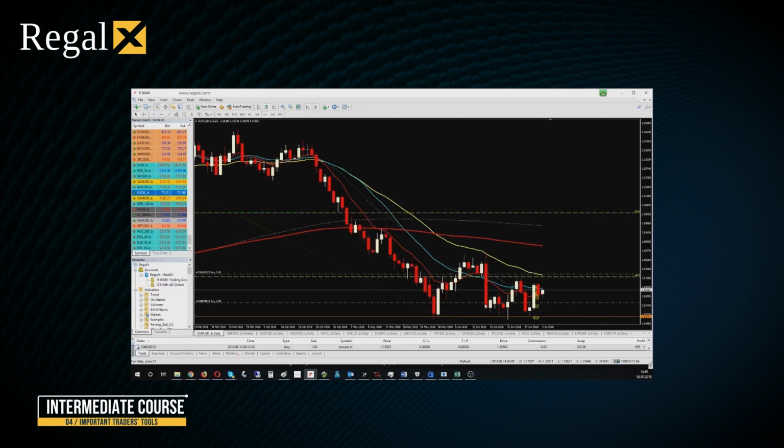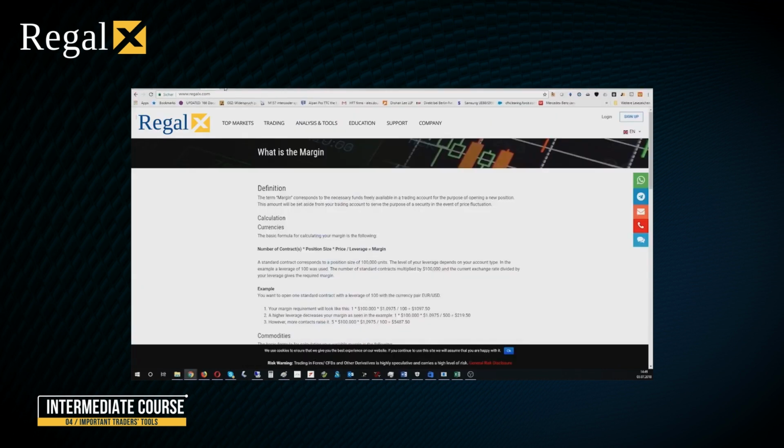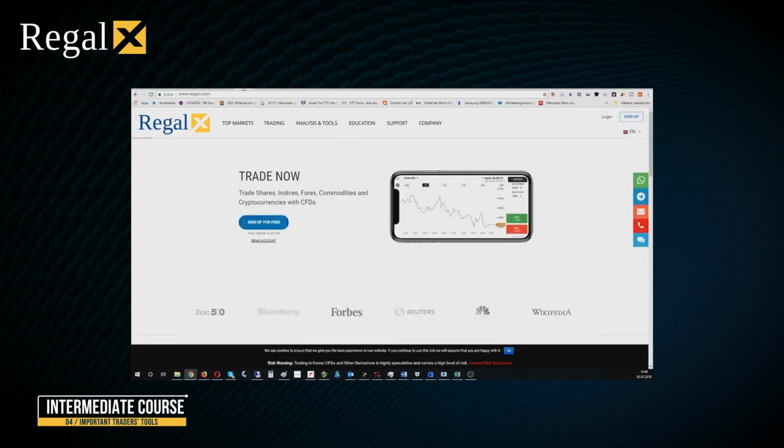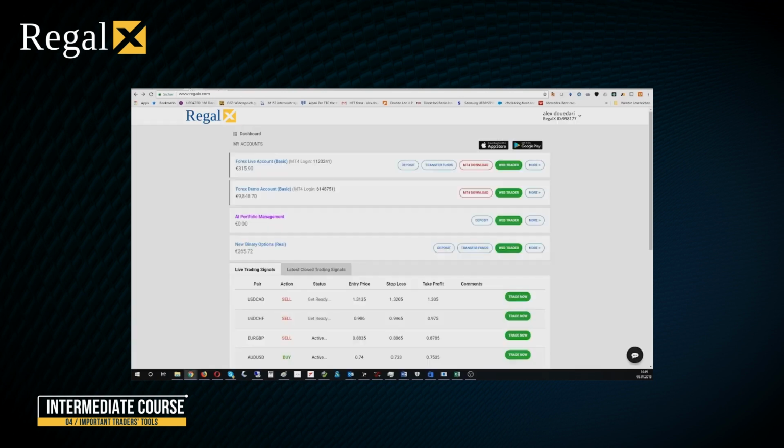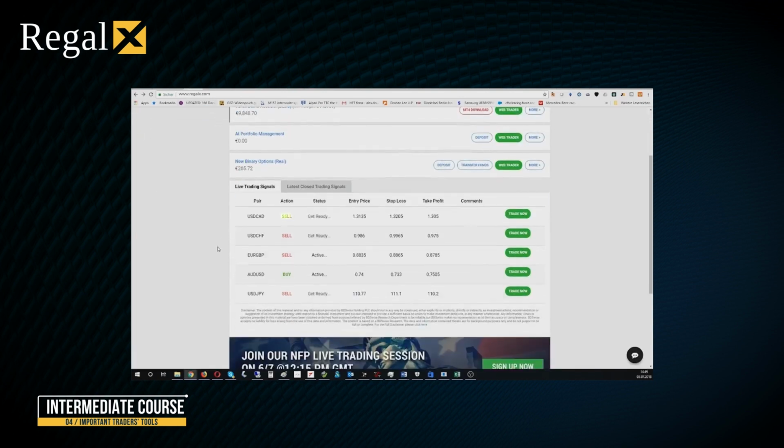Now also, what we at RegalX, as a brokerage, offer exclusively for our black account clients are the trade alerts, the live trading alerts. So let's have a look here for a moment. If you go to your account portal, you'll see there are live trading signals right there. I'm not saying that you should trade these signals.